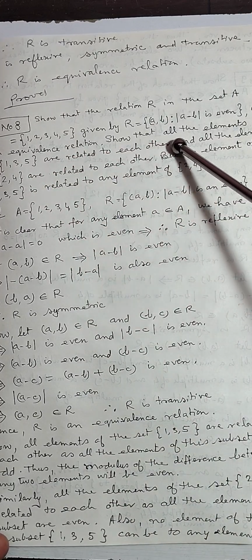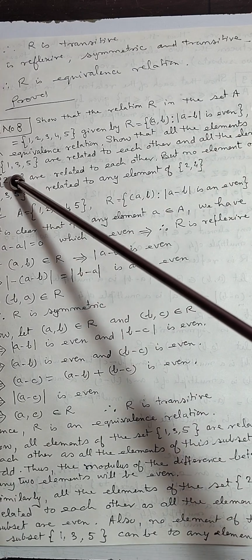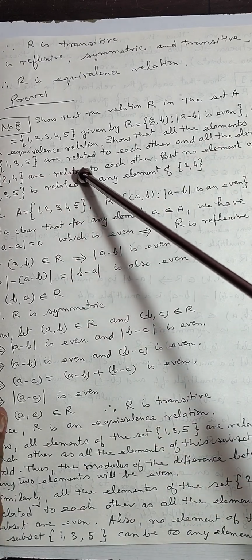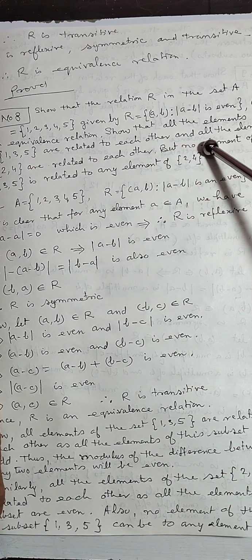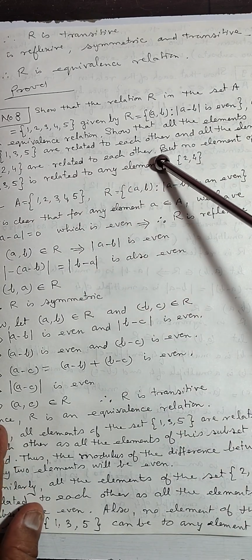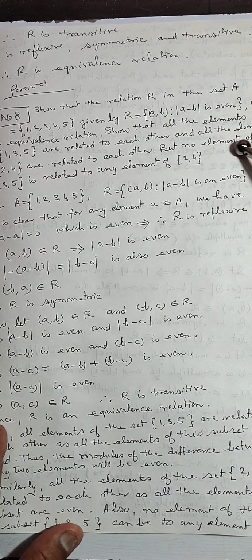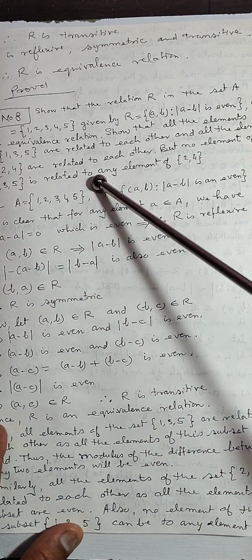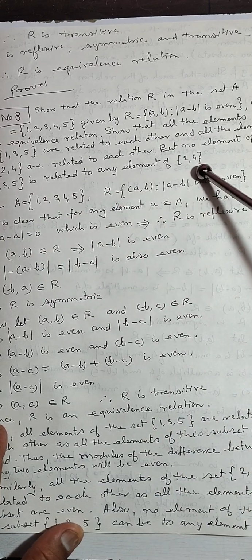Show that all the elements of {1, 3, 5} are related to each other and all elements of {2, 4} are related to each other, but no element of {1, 3, 5} is related to any element of {2, 4}.